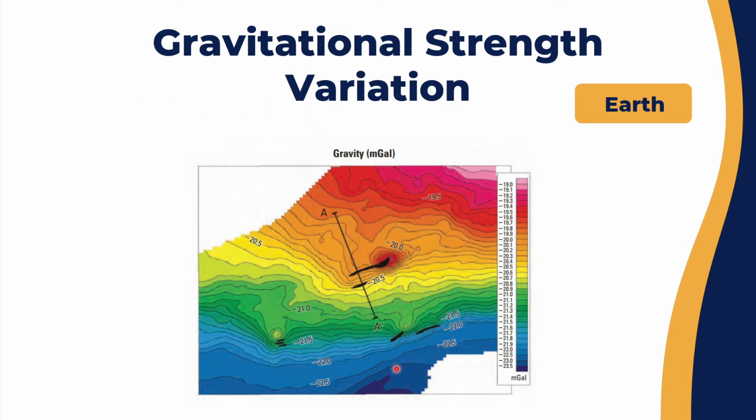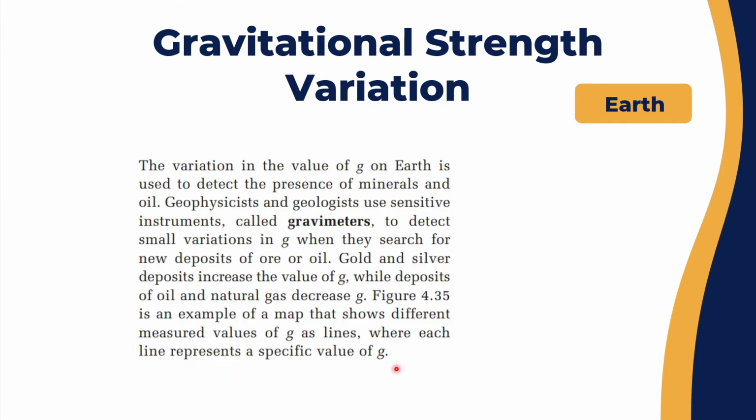This kind of analysis helped scientists find rare earth metals and all kinds of materials on the surface or under the surface of the Earth, because there is a relation between the value of gravitation and what kind of material that part of the Earth is made of. So that variation in the value of G on Earth can help detect minerals and oil.